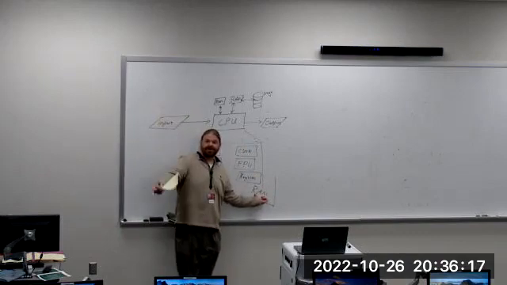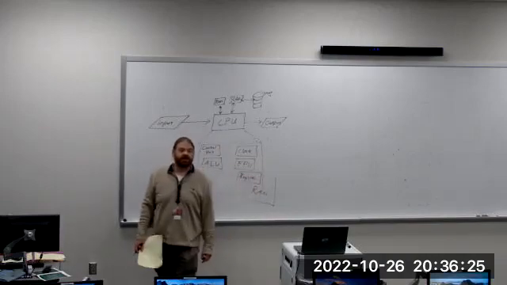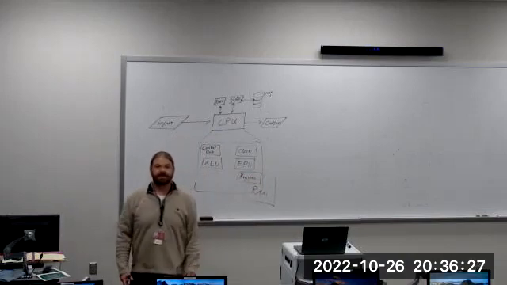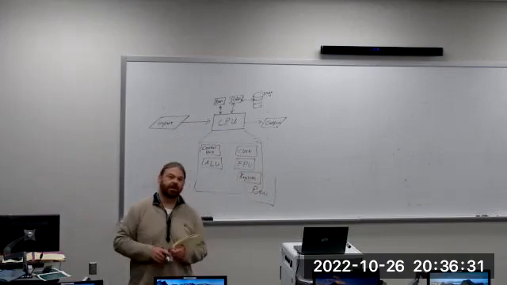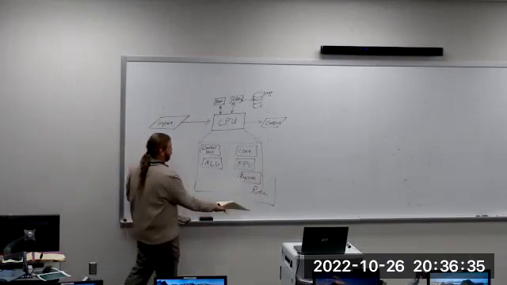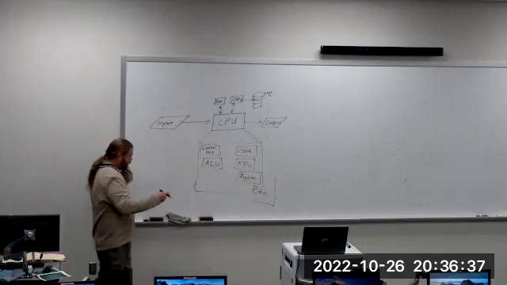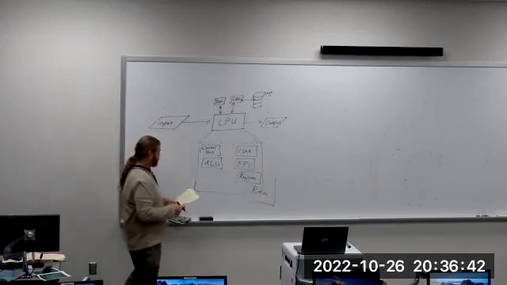RAM holds all of those lines of code we write, and the registers hold them one at a time as that instruction is being carried out. So RAM holds the whole program, and registers hold the current instruction. Current program, current instruction. That's the main pieces.